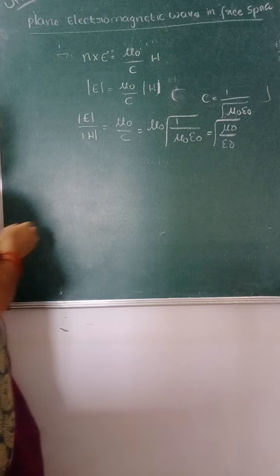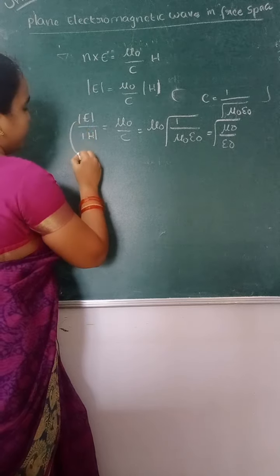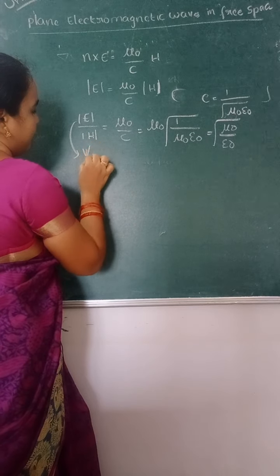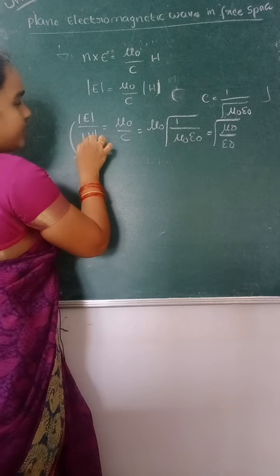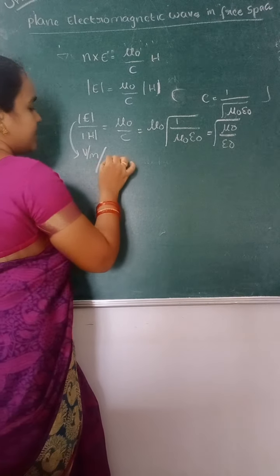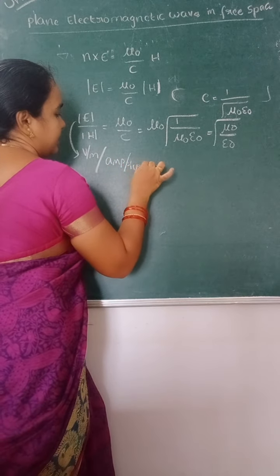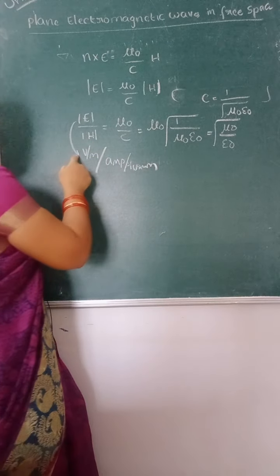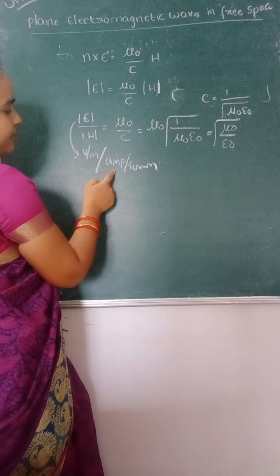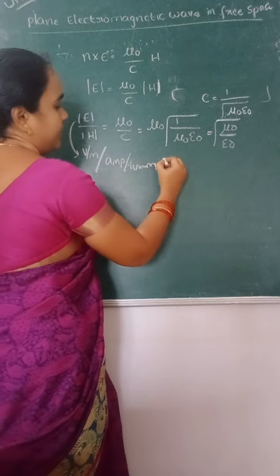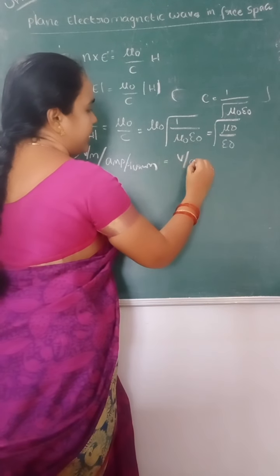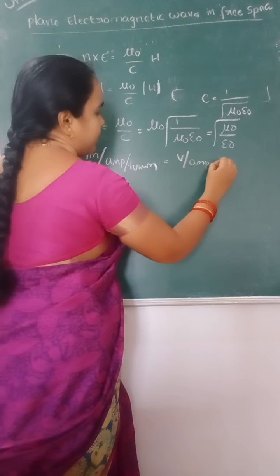If you consider the units, the unit of E is volt per meter, and the unit of magnetic field intensity is ampere turn per meter. So meter gets cancelled, and the units are volt per ampere turn.